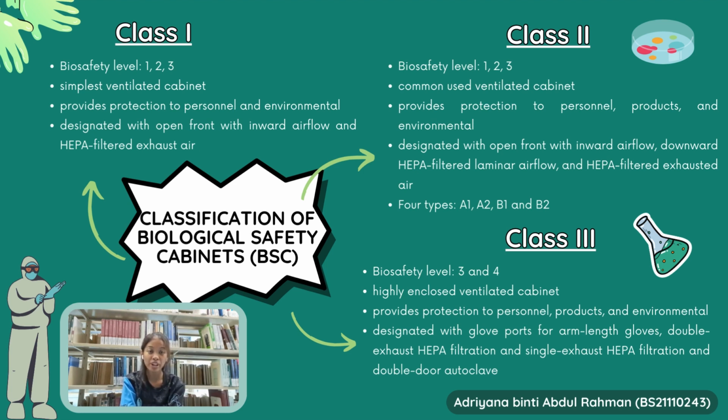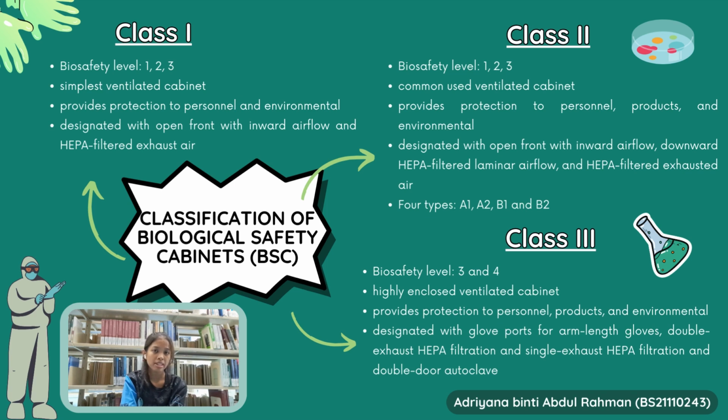Although it is more advanced than Class 1, it cannot be used to handle risk group 4, as the agent is too hazardous and it may cause exposure of the agents towards the personnel and environment. And then it also can introduce contamination to products, as it is still exposed to the environment due to the open front with inward airflow.